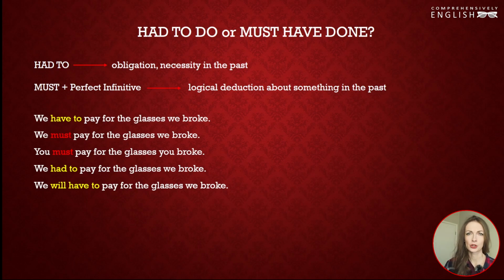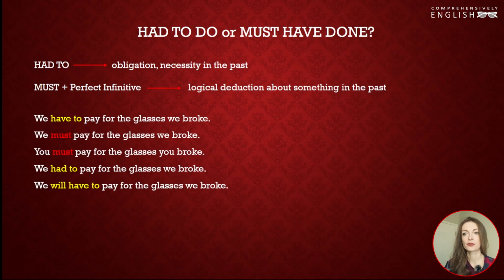We find it absurd or stupid, and we don't consider that we really need to do that, but we kind of have to. We know that the circumstances force us to do it. A social situation forces us to do it. It is something that people expect from us, that we will pay for the glasses we broke.